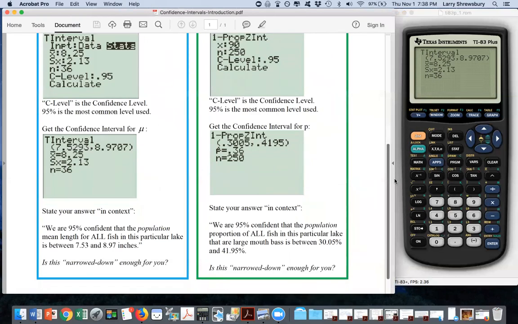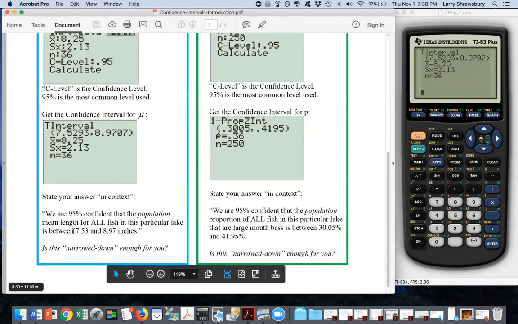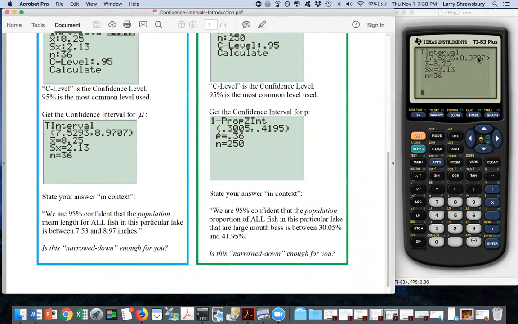So for this particular example, here's what that would look like. We are 95% confident that the population mean length for all fish in this particular lake is somewhere between 7.53 inches and 8.97 inches. So you can round your final answer off at the second decimal place if nothing is said.